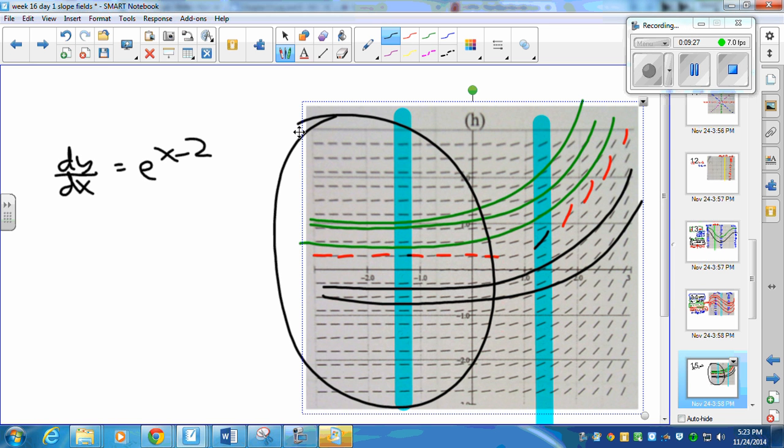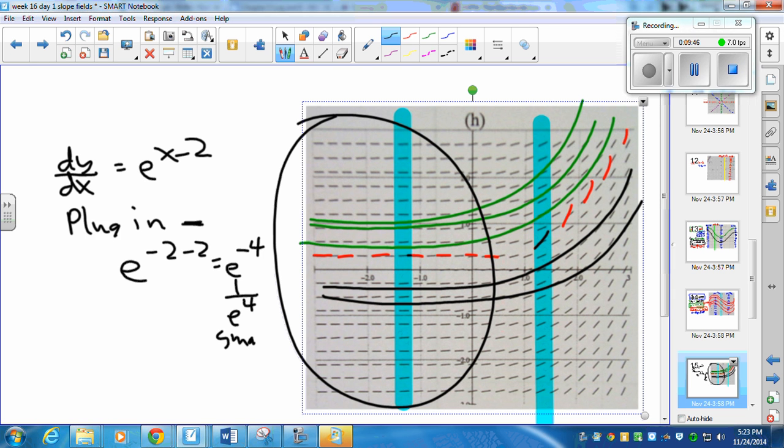Anytime you plug in a negative number, you'd be getting like e to the negative 2 minus 2, which is e to the negative 4, which is 1 over e to the 4. 1 over e to the 4 is really small. E to the negative 1 minus 2 is e to the negative 3, which is 1 over e cubed. Again, really small number.